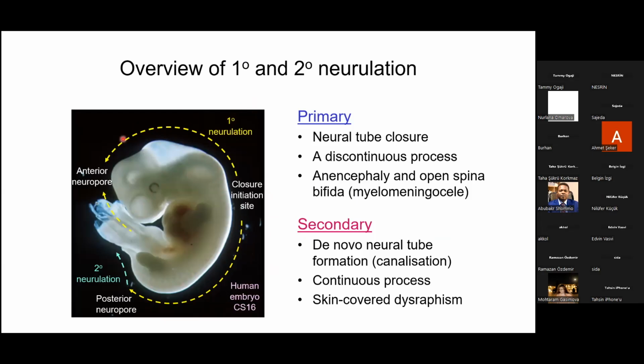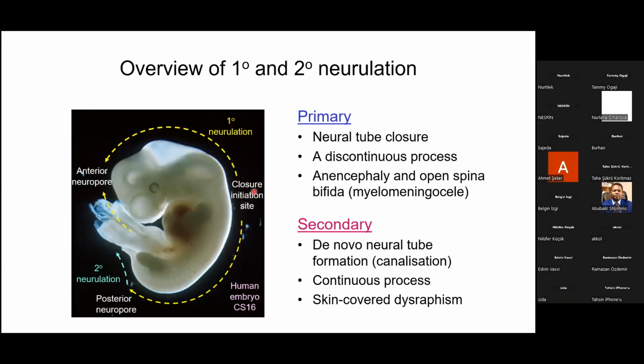So the arrows in yellow here. And this is essentially a process of closure and a process of zippering. And so it's very much like the zippering of a piece of clothing, except that no one is pulling the zipper, it's doing it by itself. So quite remarkable morphogenetic process. It begins at a much younger stage, of course, at this site, at the base of the hindbrain, where the hindbrain joins the spine.